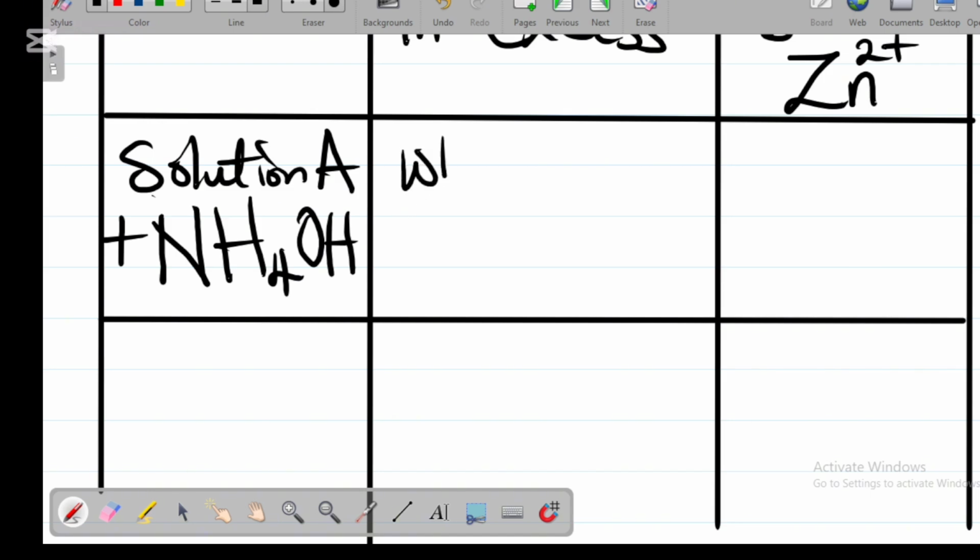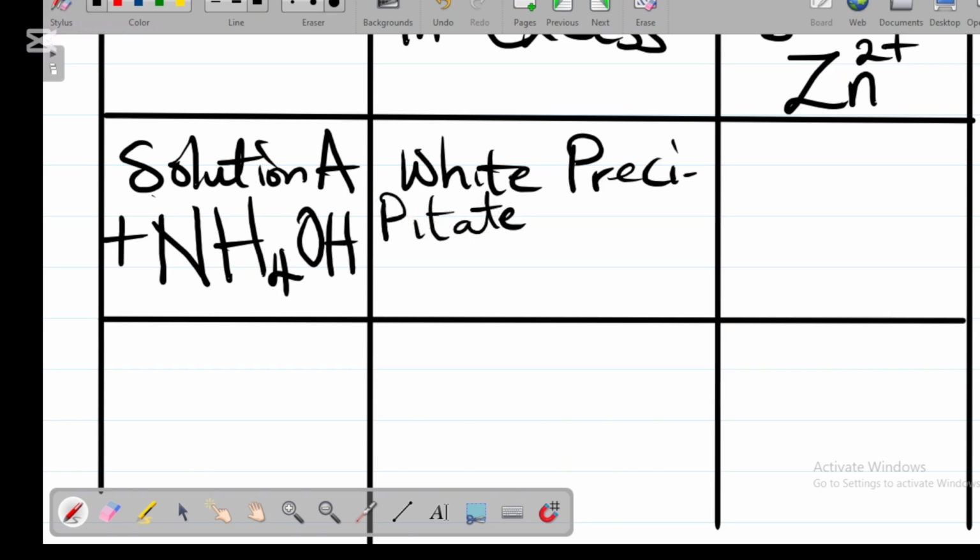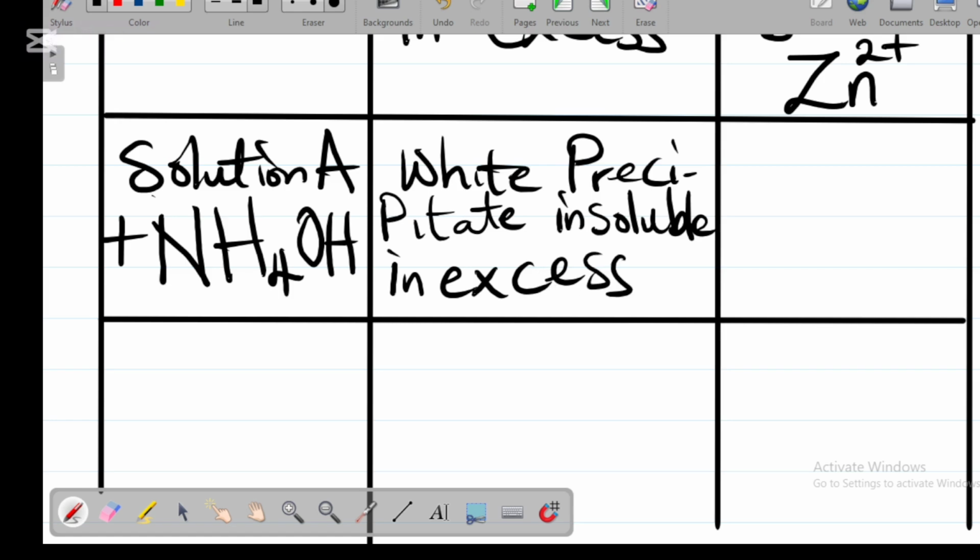It will give you white precipitate, insoluble in excess. And then your inference, which is the evidence gotten from your observation, should be zinc ion. So you have here zinc ion present.